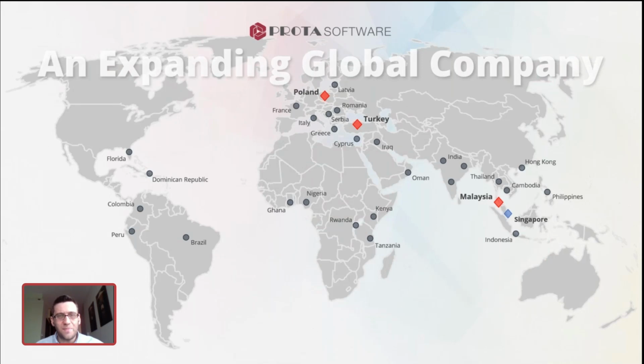So we are an expanding global company. You can see our headquarters in Turkey, Poland, and Malaysia, and the black dots represent our resellers. Now we are selling our product almost all over the world.